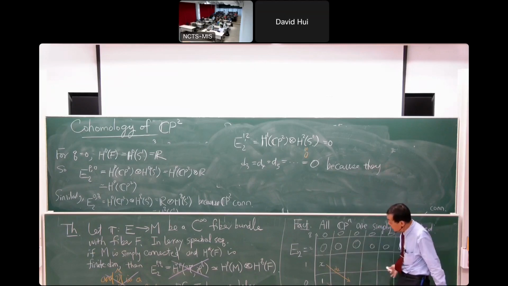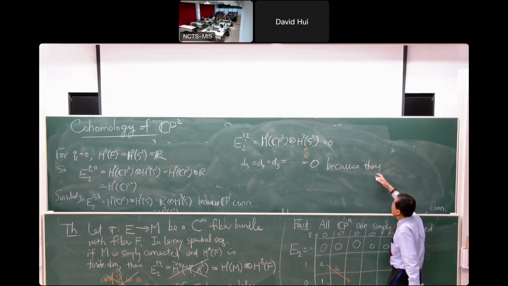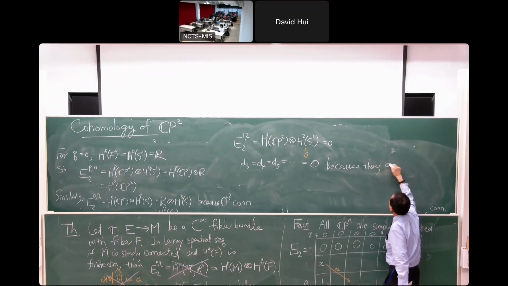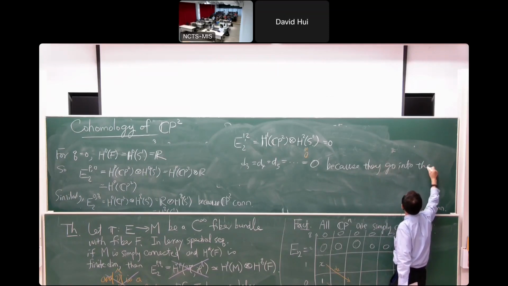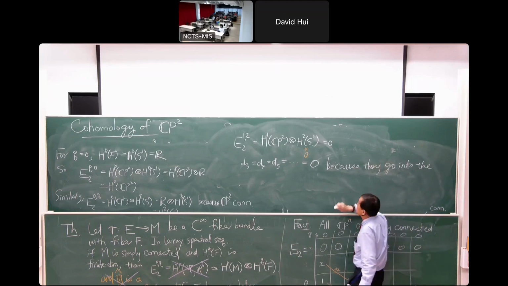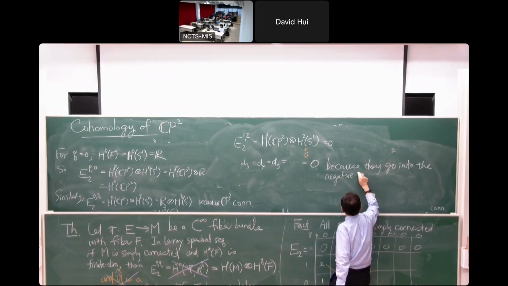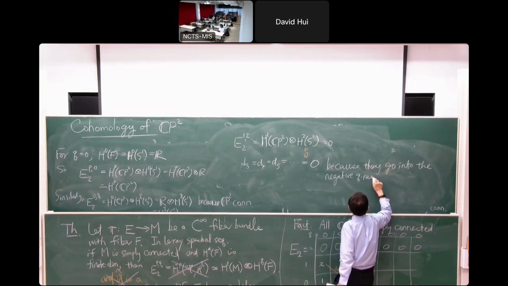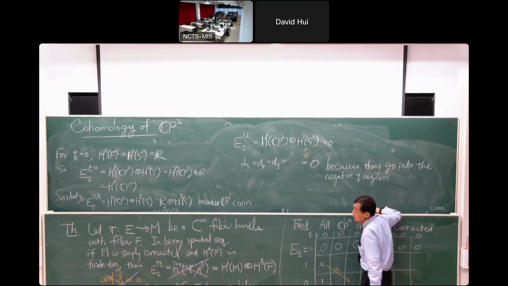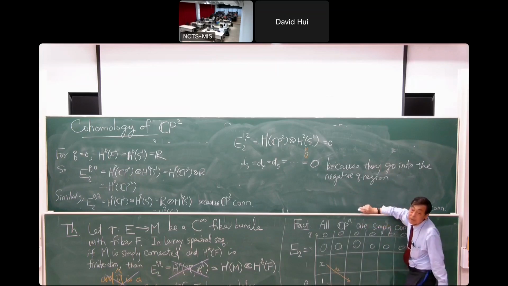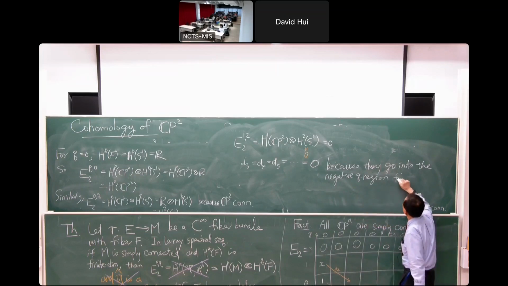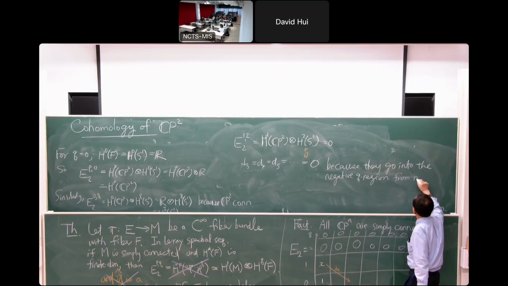You have only 2 possible non-zero rows, so they go into the negative region from rows 1 and 2. Right?